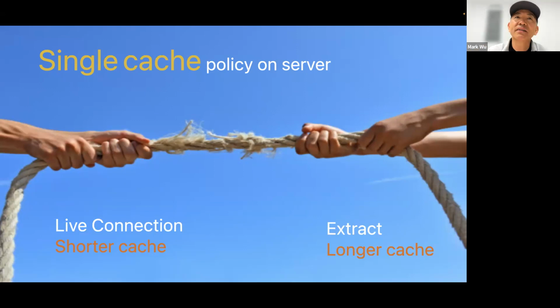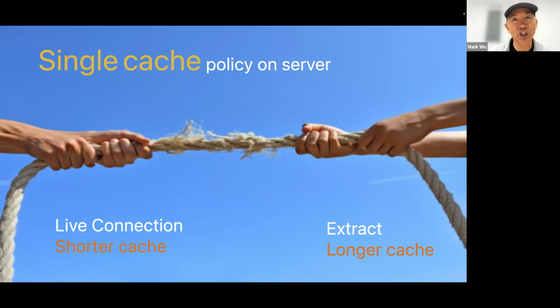The biggest fact about the server cache policy setting is that there is only one single cache setting for the whole server, a single cache policy for the whole server, like it or not.